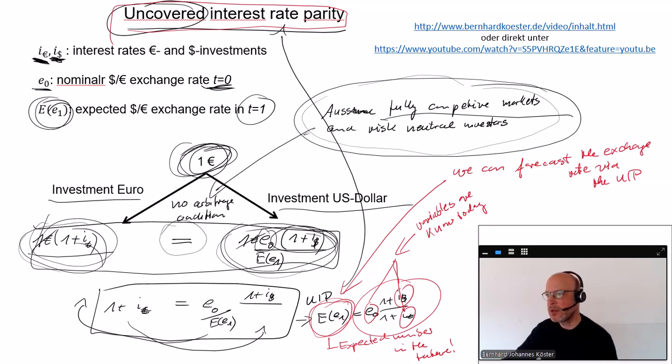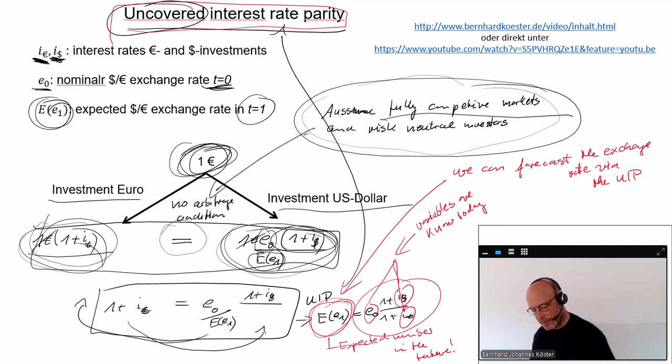We don't know what the exchange rate will be in 1 year, so in our calculation we have to change back via the expected exchange rate between US dollar and euro.